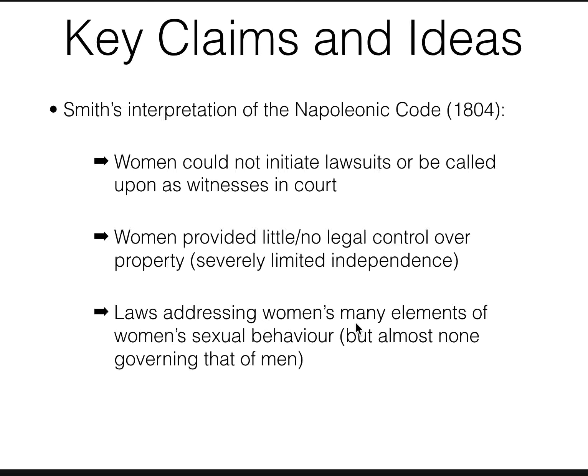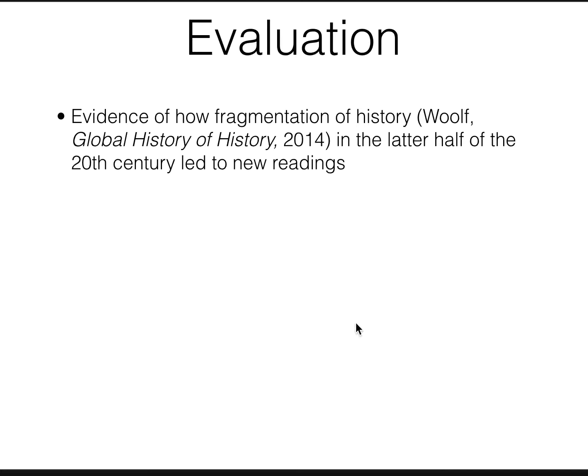Again, a double standard essentially: women were prevented from doing certain things, and if they did them, could be taken to court, but if men did them, nothing really happened to them, or it was hard to do anything about it. So again, the conclusion she draws is that men were privileged under the code.